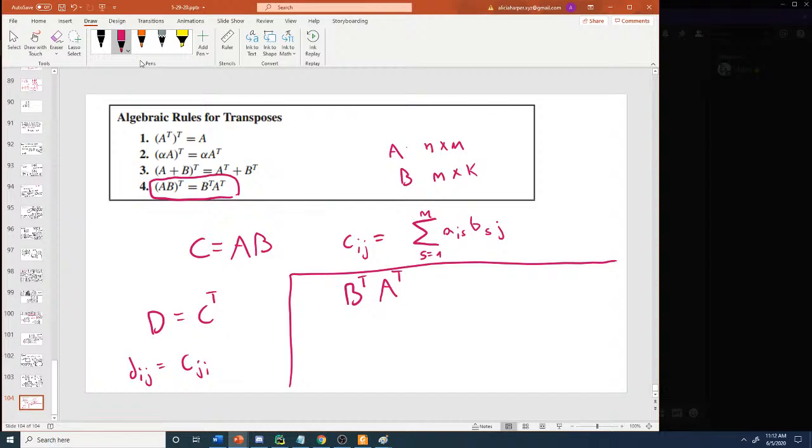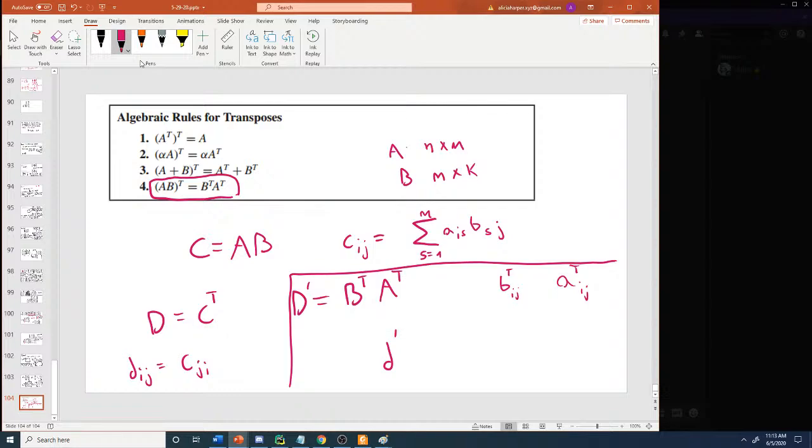If I denote the components of B transpose by lowercase b with a t, ij, and I do the same for A, then I can study the product of them and look at its components.